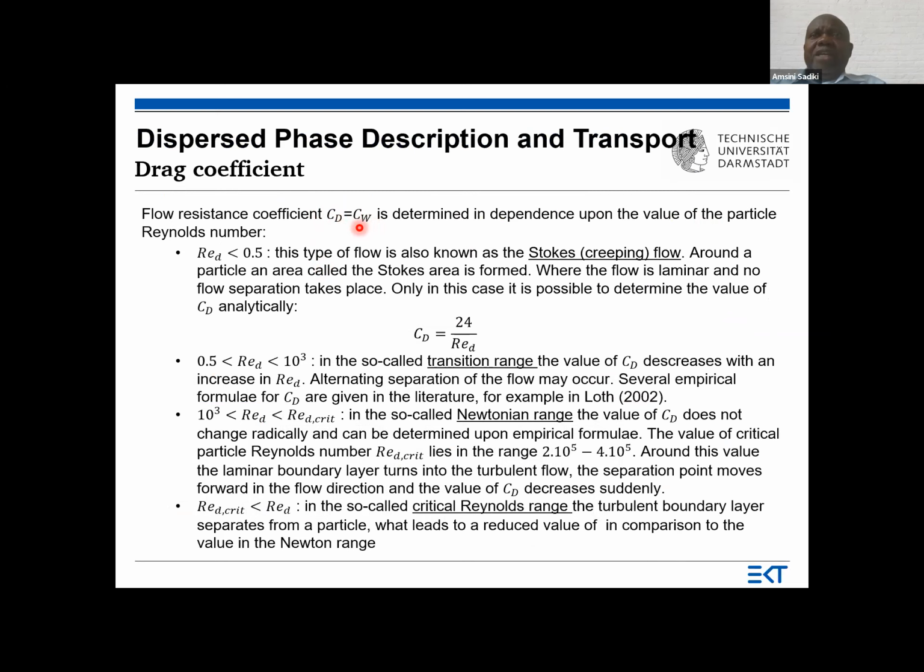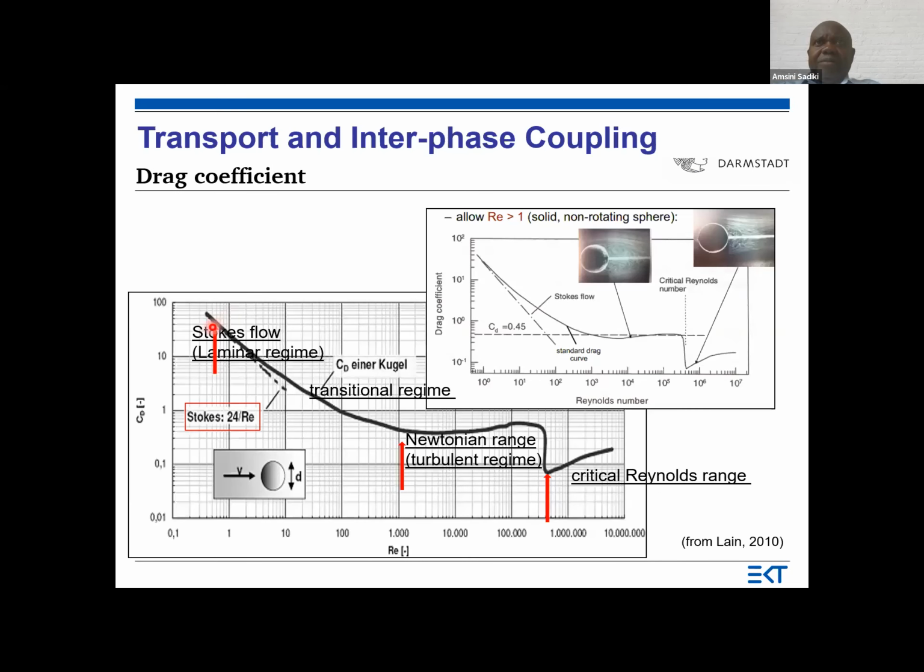So we have normally, I can say, 4 regions for the evolution of the drag coefficient. And we see here that we have to deal with a non-rotating sphere. And if it is solid, we have normally 4 regions.